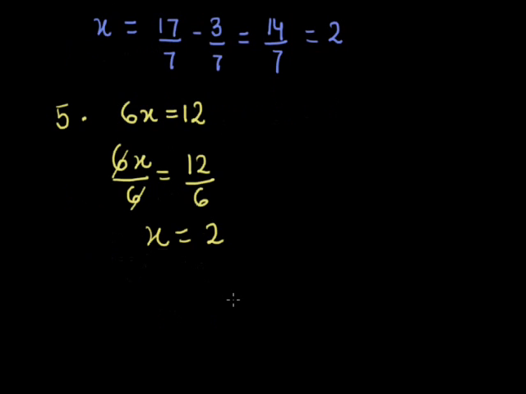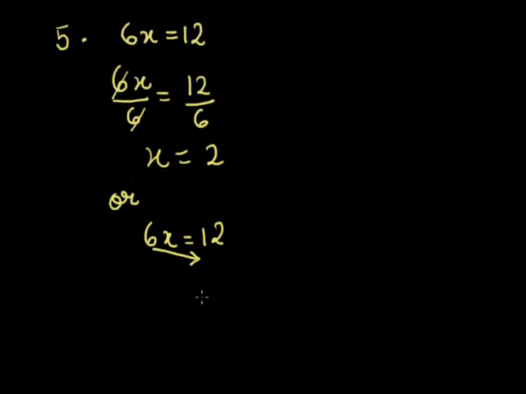Or I can directly cross multiply 6 to the denominator. So x will become 12 upon 6, that is again 2. So there are two methods. Firstly, I can divide by 6 on both sides. This 6 will get cancelled out and the answer will be 12 upon 6, that is 2.